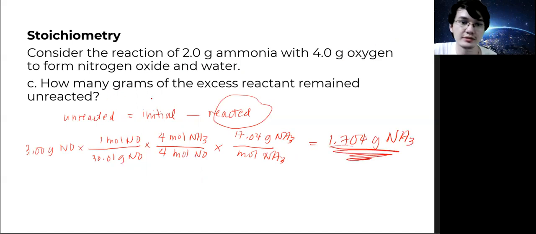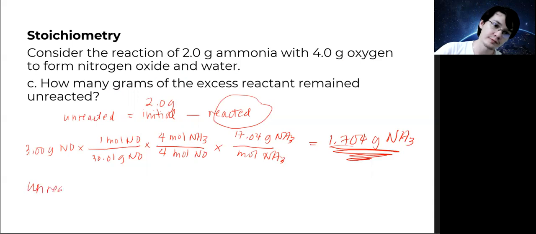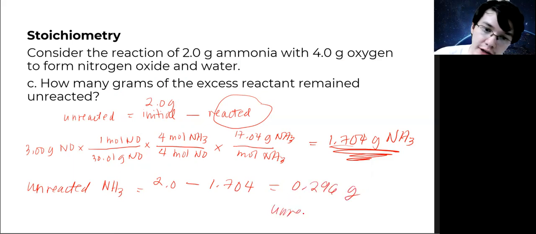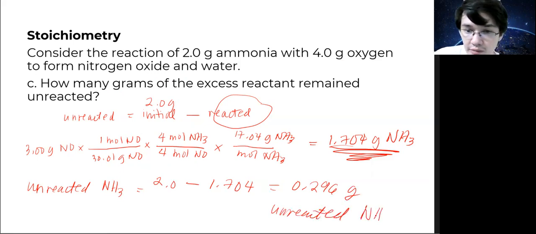Then our initial ammonia is 2 grams. So the unreacted ammonia is equal to 2.0 minus 1.704, which is equal to 0.96 grams unreacted ammonia. So that is our answer.